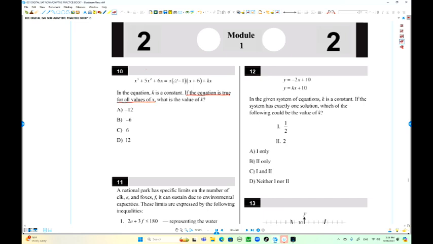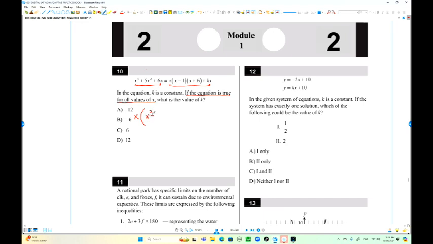So how can you find the value of k? You can expand, or apply a common factor. On the left, the common factor is x. Also on the right, the common factor is x. So x is out, or you can divide by x.